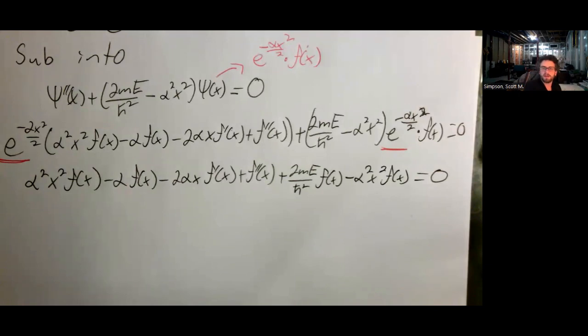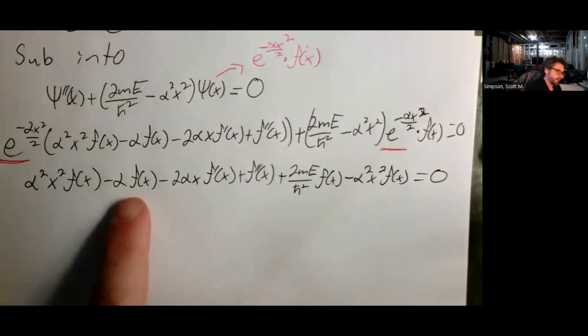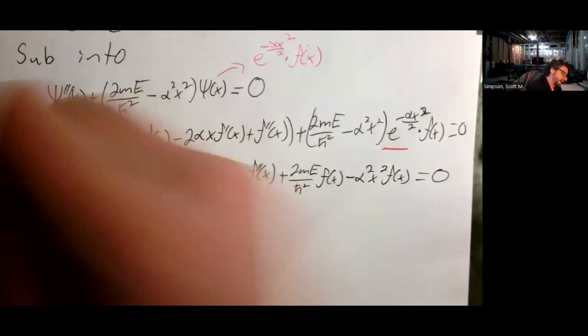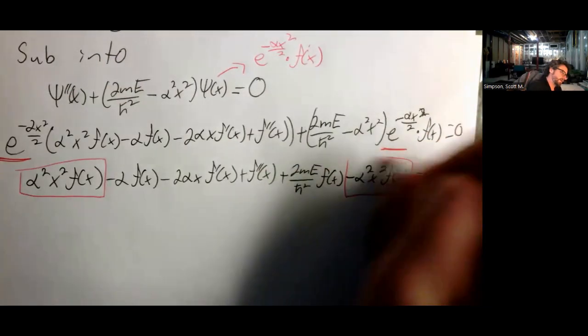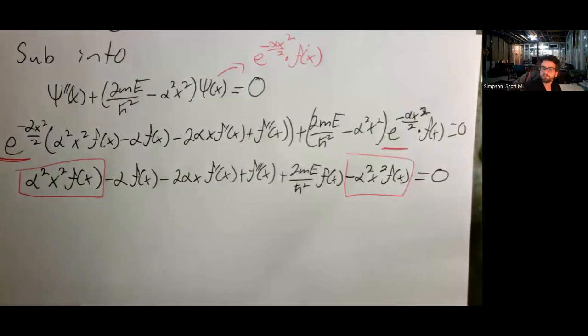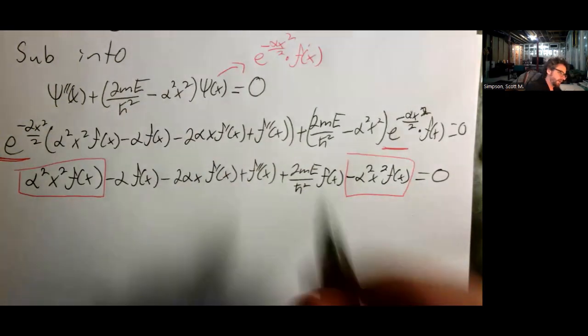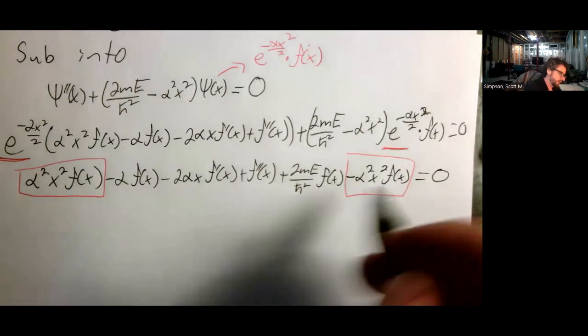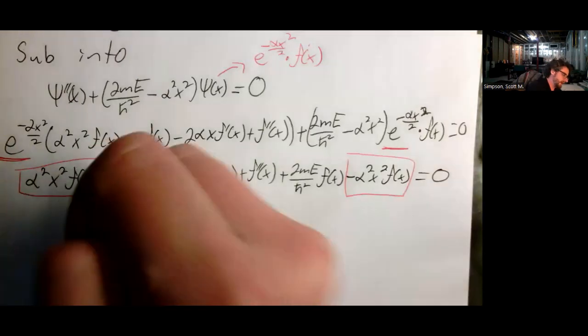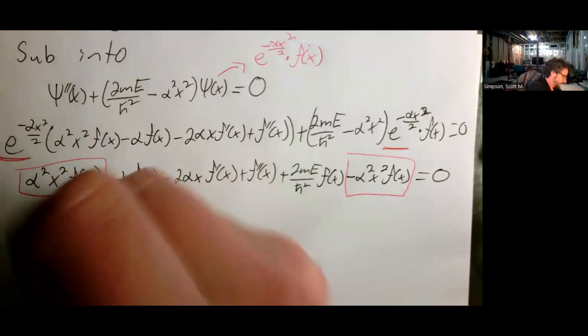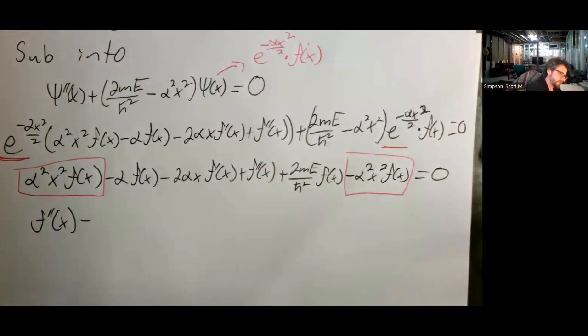Okay, so let's try and find some things that will cancel out. If you were wondering why I left that thing alone, hopefully you can see it right now. That guy gets canceled out by this one. And with that, we're left with the following expression. I'm going to rearrange this a little bit, but note that these two things cancel out. Let's put f double prime out in front, and then we'll have the single prime terms together.